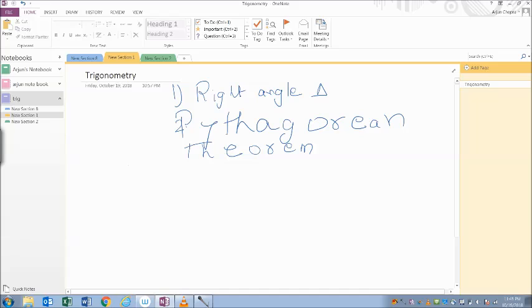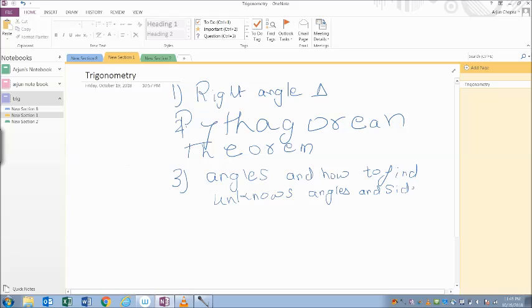Okay, and in the third part I will talk about the angles and how to find unknown angles and sides in a right angle triangle.